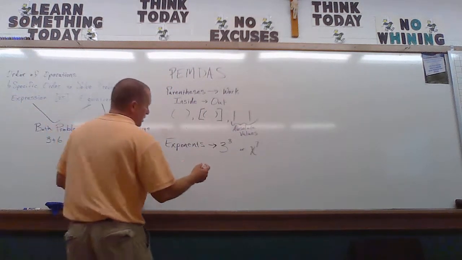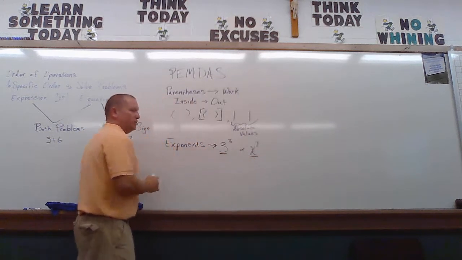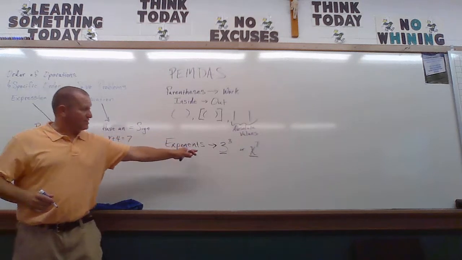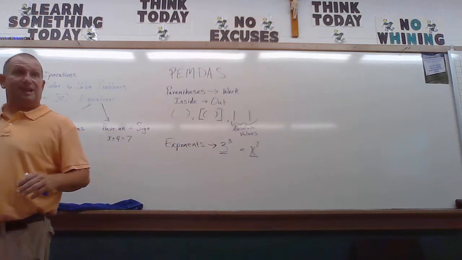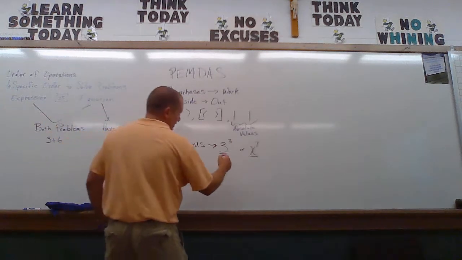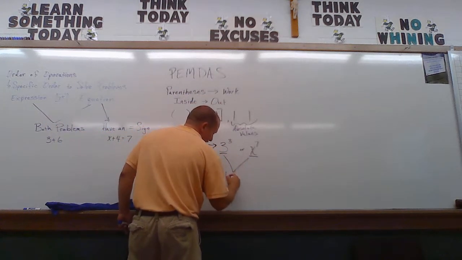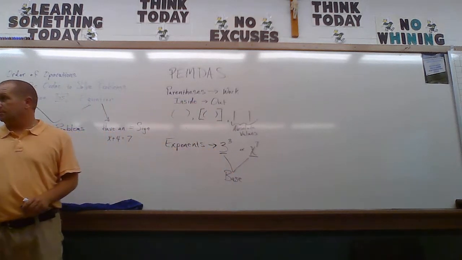Perfect. Okay? So, what do I call the bigger part of these exponents? In this case, the 3. In this case, over here, the x. What is the name of that? Do you know? Those two things right there, or the bigger part, is called the base of my exponent. Okay?